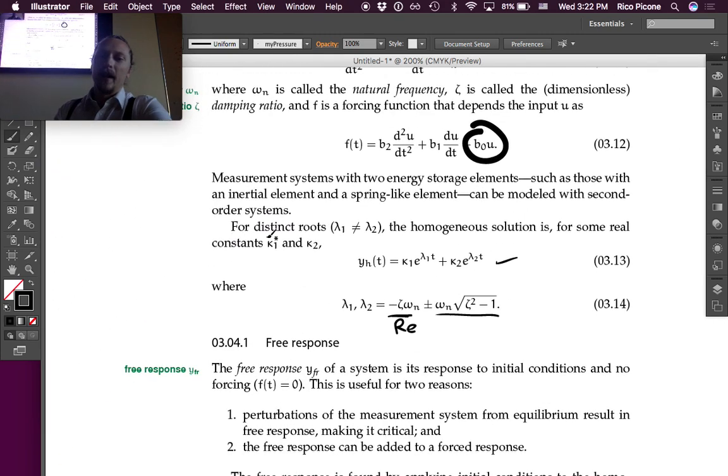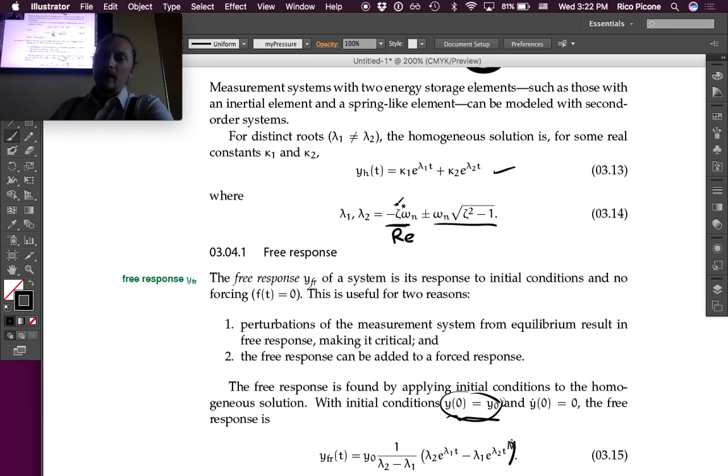So if we look back here, if zeta is negative, okay, omega n is always positive. So if zeta is negative, omega n is positive, that means that this real part here is going to be positive, right? If the real part is positive, then notice that the real part's the same for each of these lambdas, right? So you're going to have kappa 1 e to the, I'll just put a plus sign for positive, times something else, right?